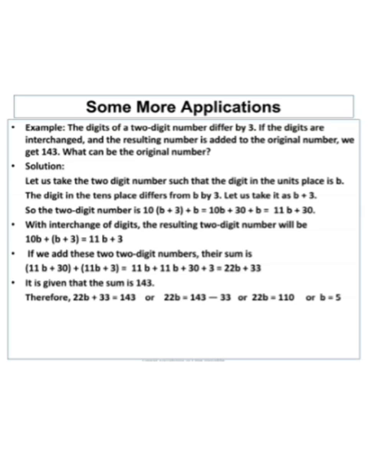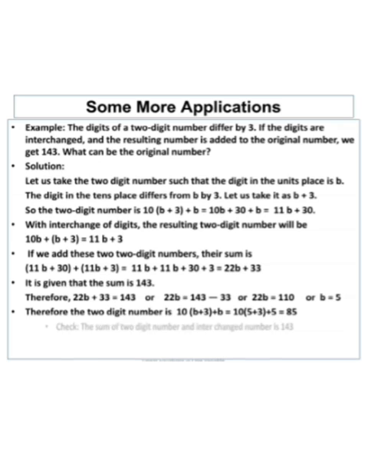So the equation is 22b plus 33 is equal to 143, which leads us to 22b is equal to 110 or b is equal to 5. Therefore the 2-digit number is 85. Check. The sum of the 2-digit number and the interchanged number is 143. That is 58 plus 85 is equal to 143.